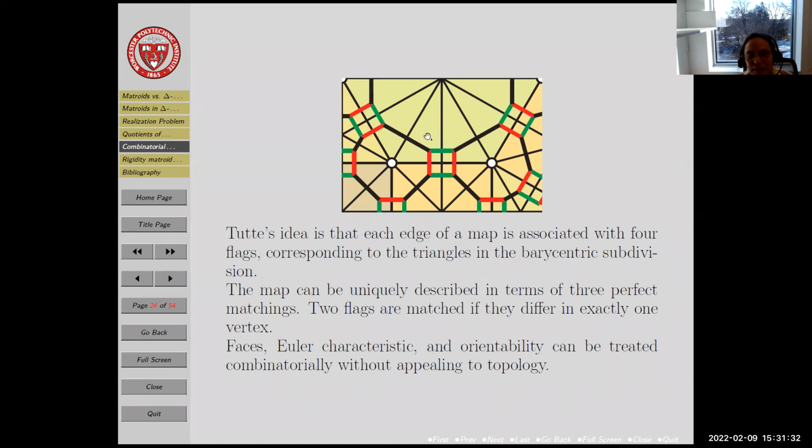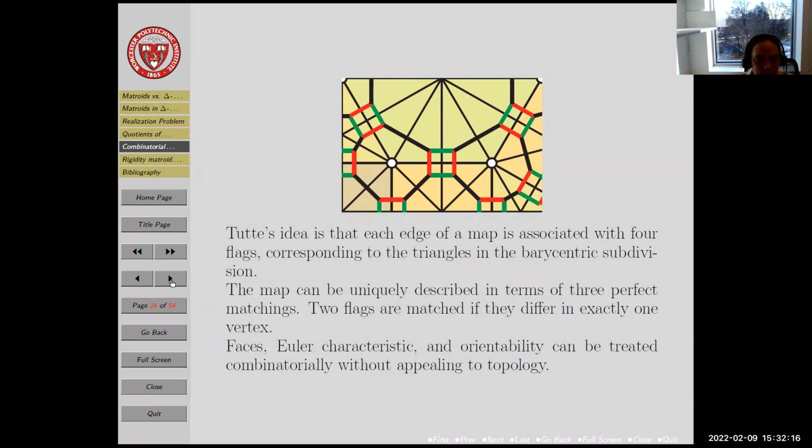And if I look at the 2 triangles here that keep the edge and the vertex, they are connected by green. And then if I flip to the bottom, then I draw in a red edge. And so I've now drawn a graph that realizes these 3 perfect matchings. And Tutte proves that this map graph uniquely encodes the map. So the map can be uniquely described in terms of the 3 perfect matchings.